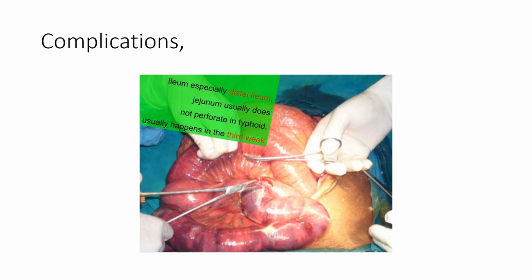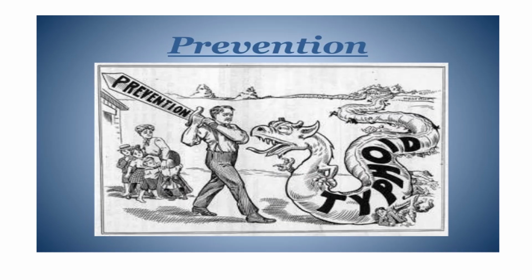At that time you have to immediately consult your surgical team and order an X-ray abdomen to look for air under the diaphragm. So this is a very bad, very dangerous complication.